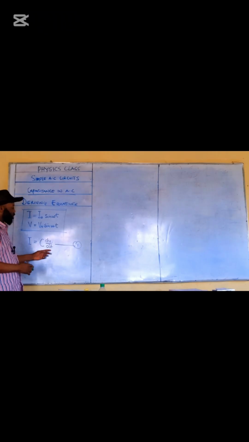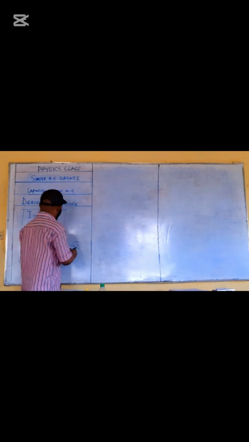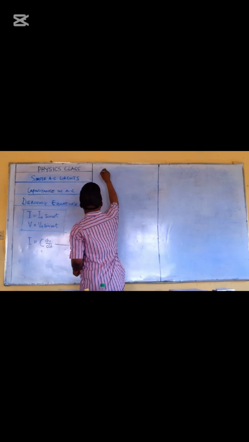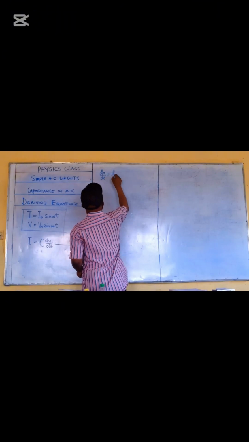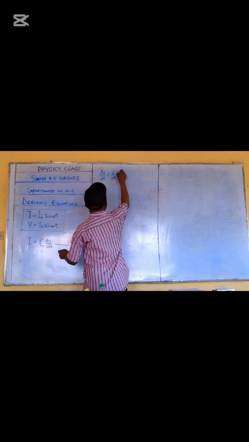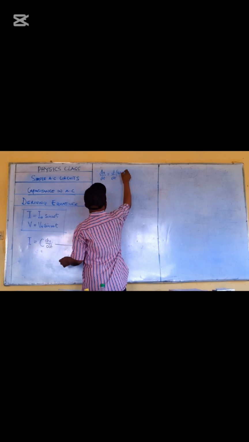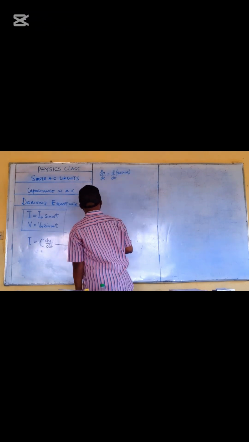So if this is the equation, now this means we should differentiate the instantaneous voltage equation and substitute it back here. We have dV over dt equals d over dt of V naught sine WT.